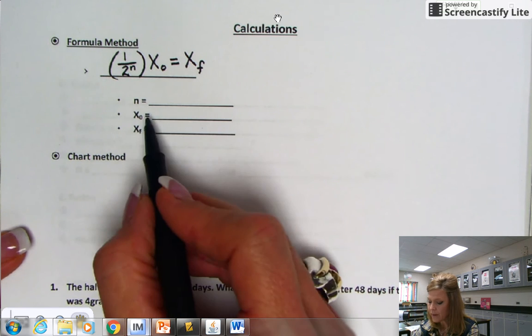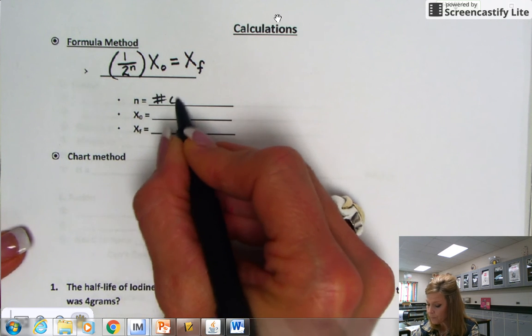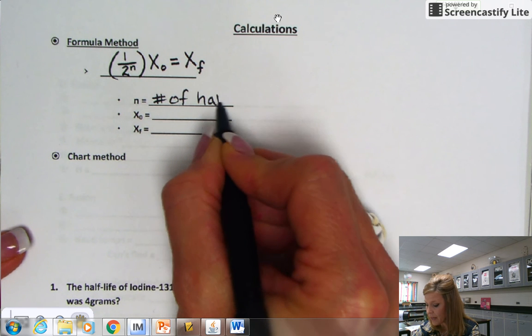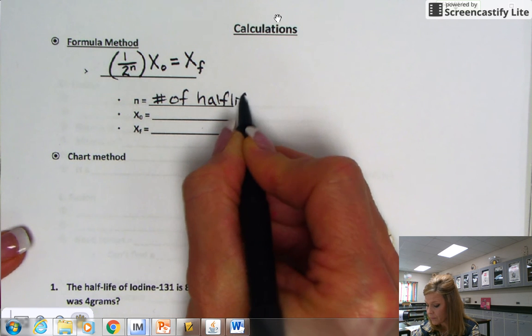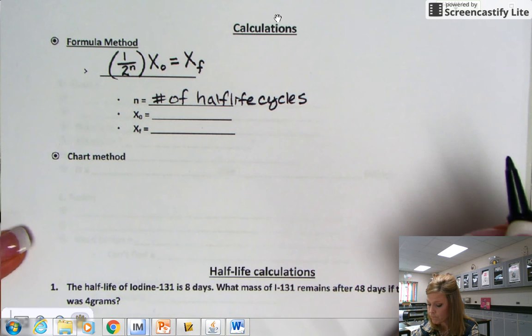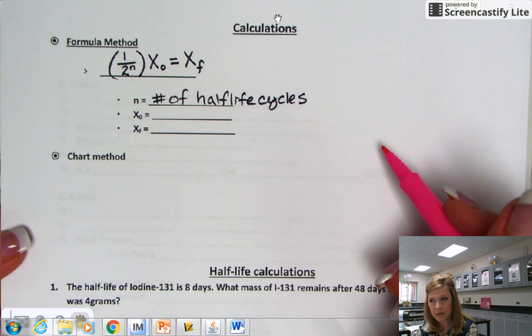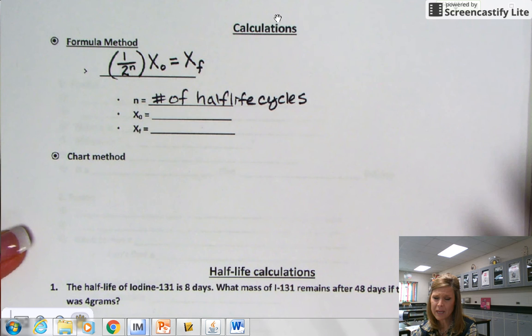So let's define each of these variables. N represents the number of half-life cycles. Now let me show you a little formula here that would relate your half-life cycles to the half-life itself. Sometimes we are told the total time that has passed, and we're told the half-life, and we have to figure out the number of cycles.